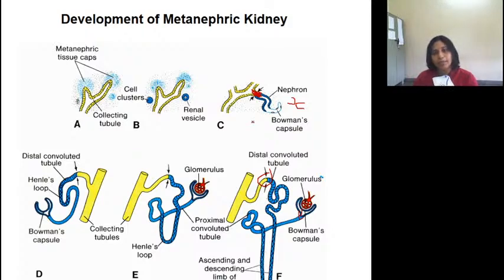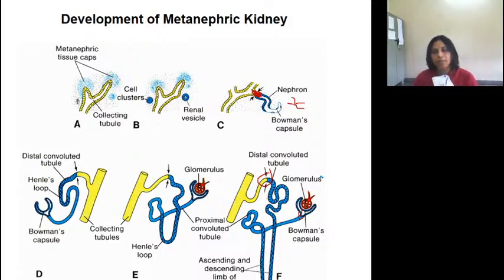If you see enlarged kidneys in the fetus and in the infant, that is ARPKD, autosomal recessive polycystic kidney disease. The other disease is seen in the adults. Not all the communications fail, but some nephrons will fail to communicate, and this will appear in the adult.